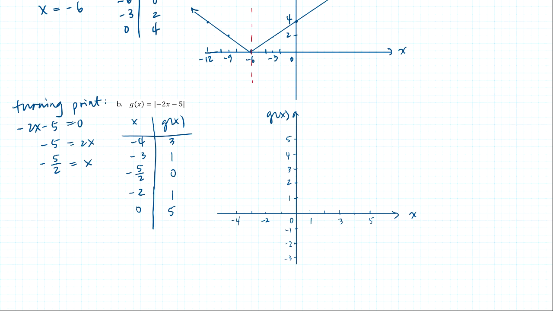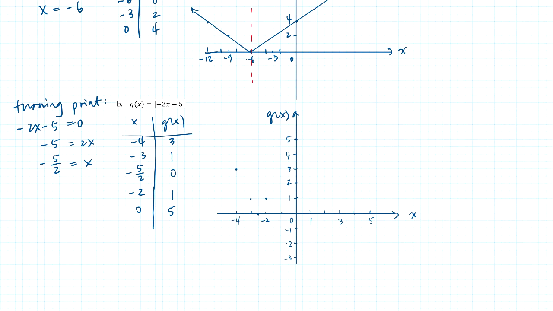We can see negative 4, 3 is over here, negative 3, 1 is over here, negative 5 halves and 0. Negative 5 halves is really negative 2 and a half, so it will be right over here, being the turning point. Then negative 2, 1. And lastly, 0, 5.